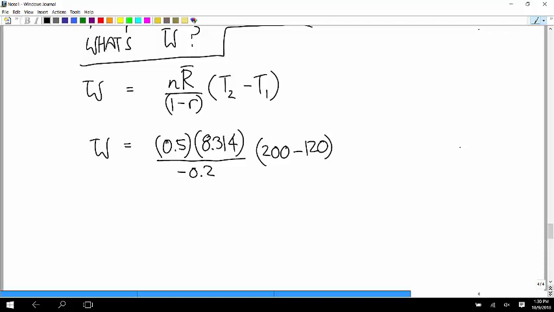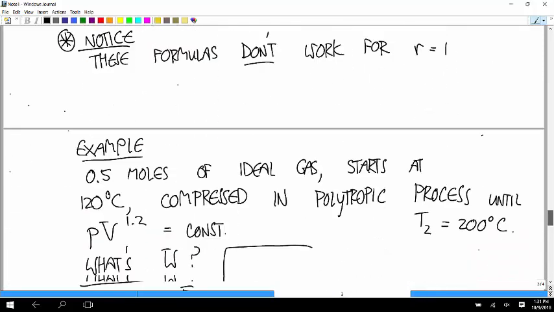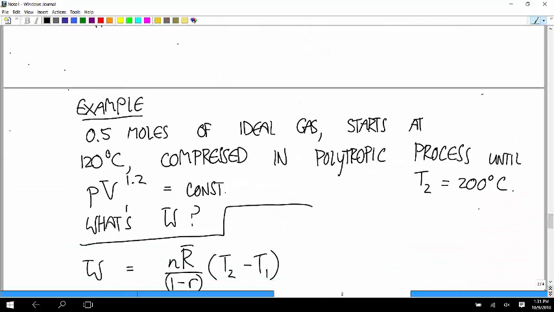And I can use degrees Celsius for that because it's a difference in temperatures. And I believe what you get here is negative 1,662.8 joules. What? Because in this problem, I gave that R was equal to 1.2.